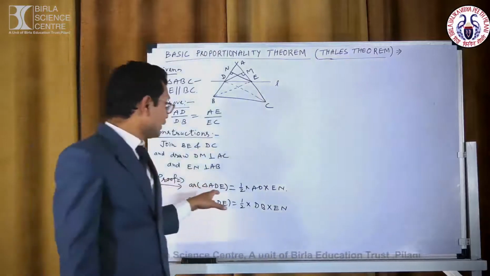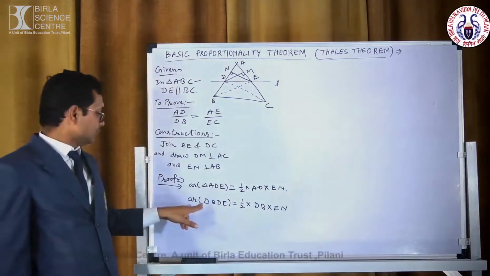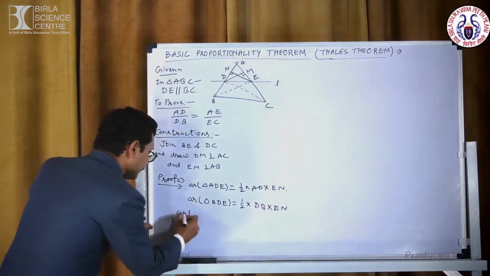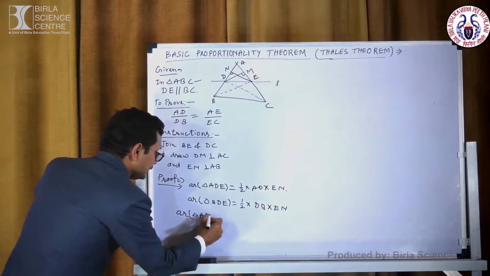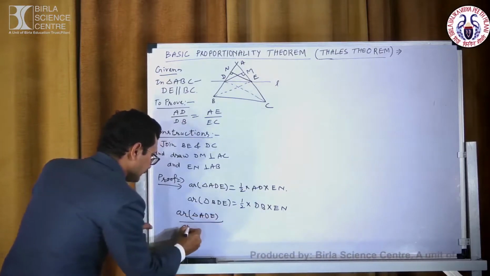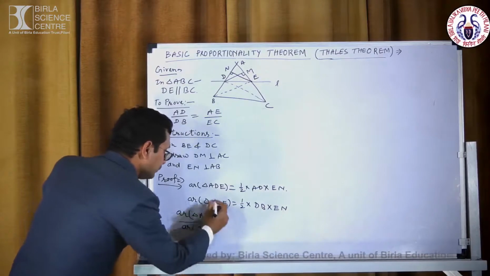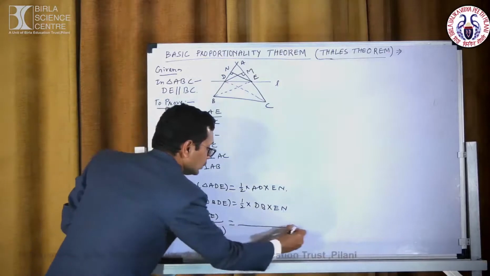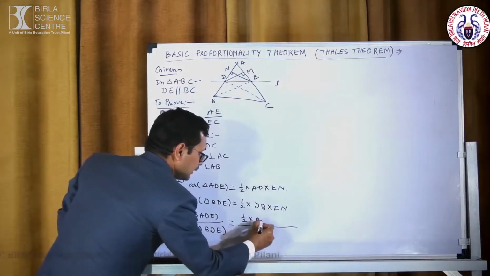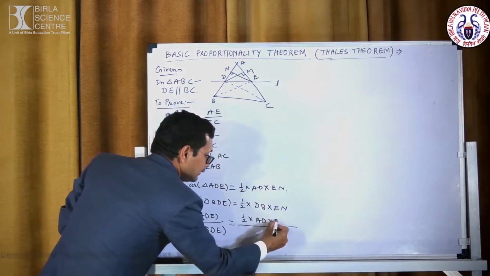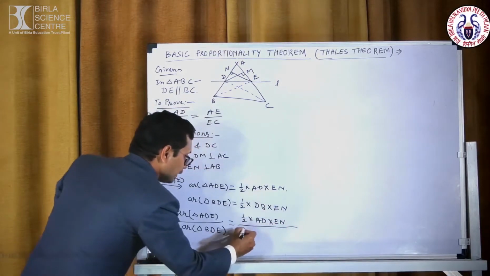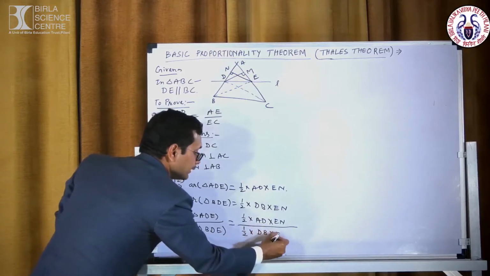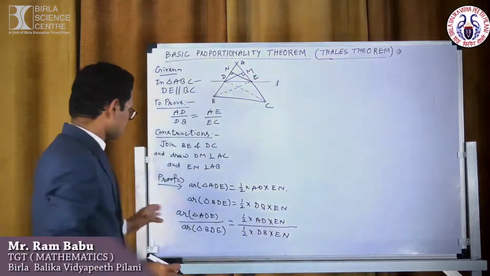Now we will find the ratio of the area of triangle ADE to the area of triangle BDE. So area of triangle ADE upon area of triangle BDE will be equal to half AD multiplied by EN upon half of DB multiplied by EN.